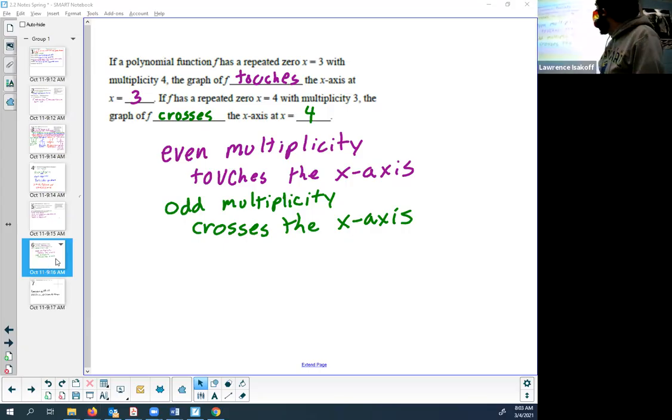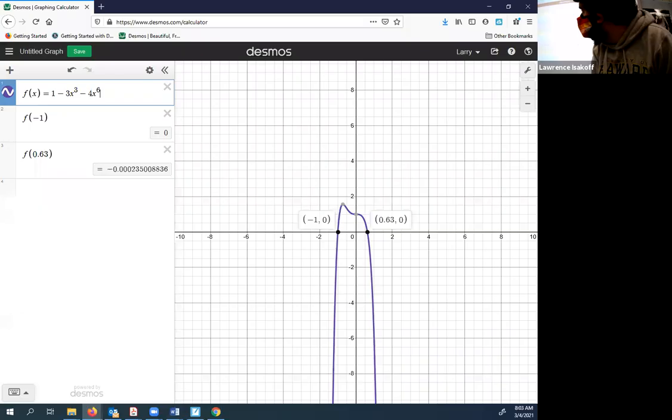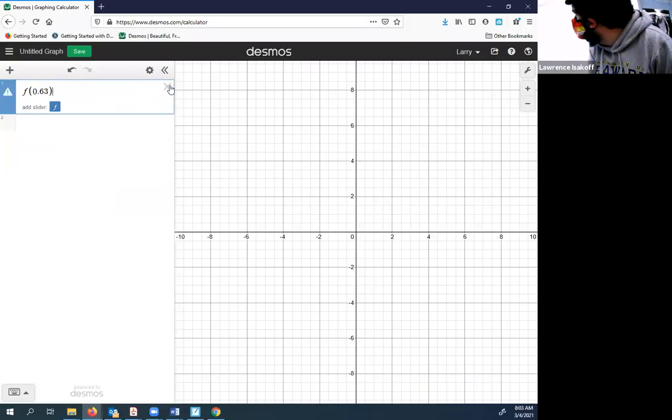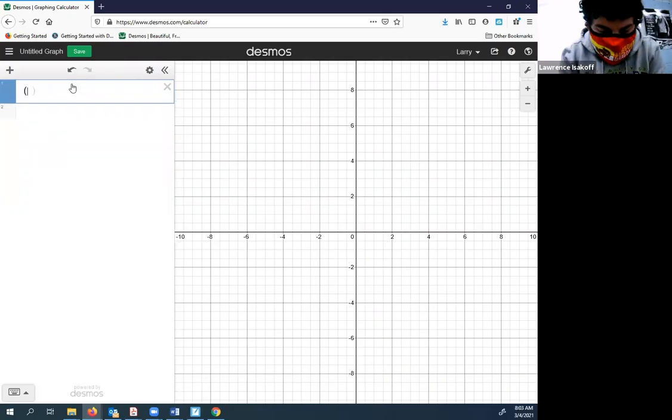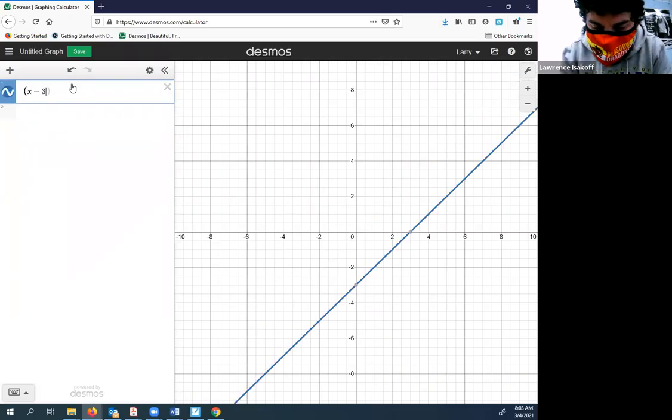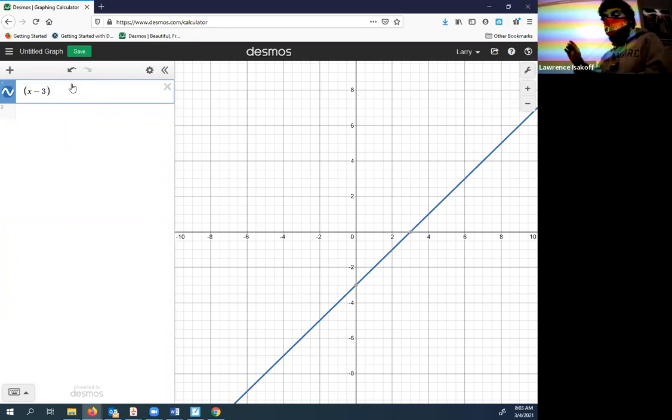So if I had x equals 3 as my 0, that could create a function like so. X minus 3. Because there was a positive 3, I make it a minus 3 as the factor.